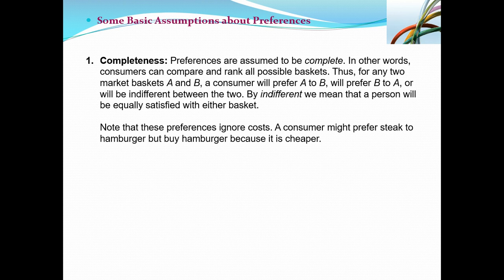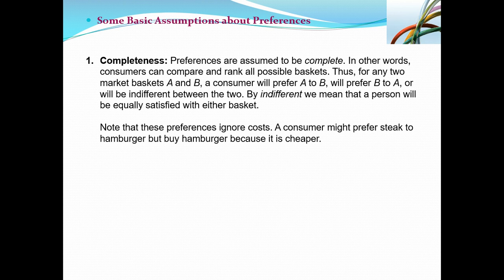I've seen a number of questions about the properties of consumer preferences: transitivity, completeness, and the rest. When you say that consumers' preferences are complete, it means that, given bundles A and B, this guy is able to say, I prefer this to that.